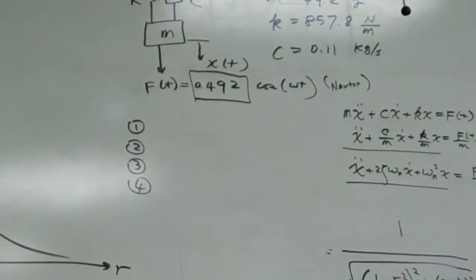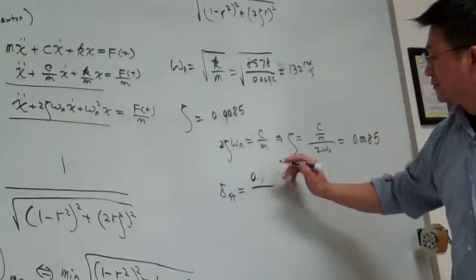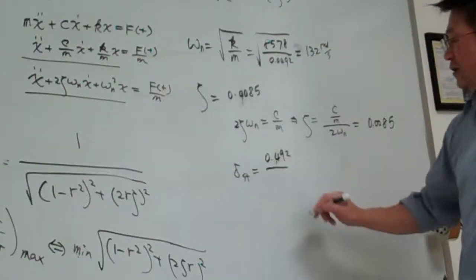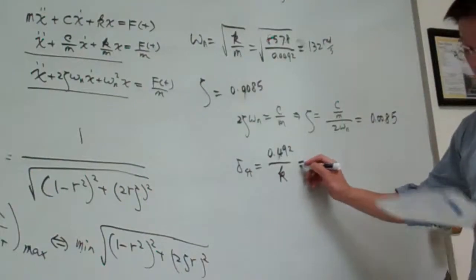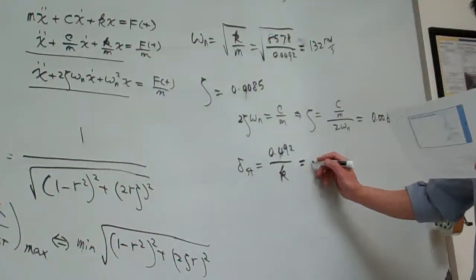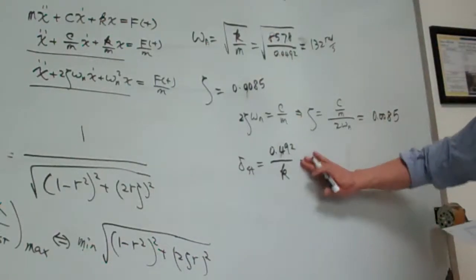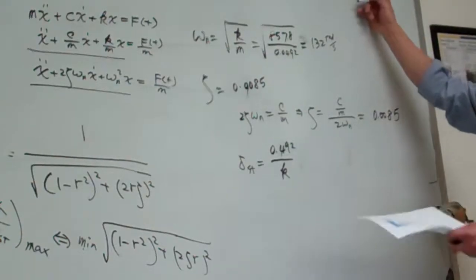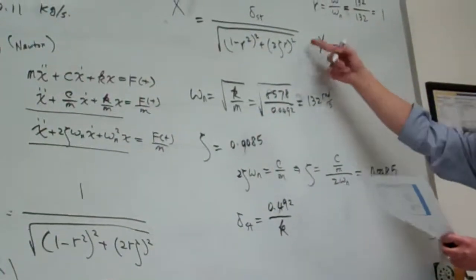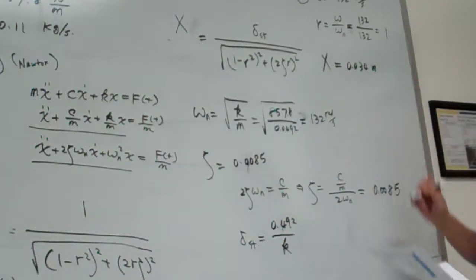So taking the magnitude of the given force and dividing by the spring constant, delta st will be equal to, whoops, I didn't calculate it. Can I leave that to you? Okay, so in this way, for the capital X, we plug in everything, we have all the numbers, so that is this one.